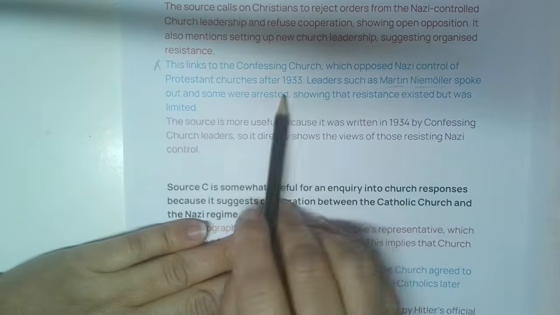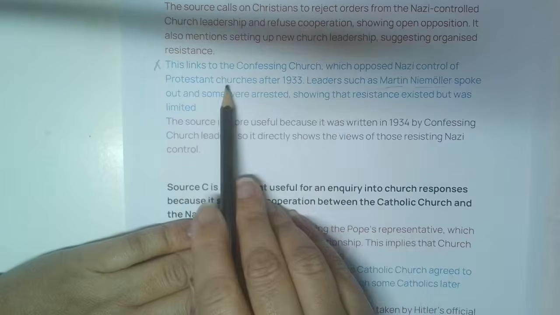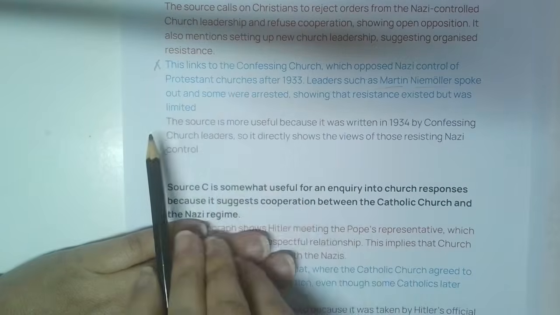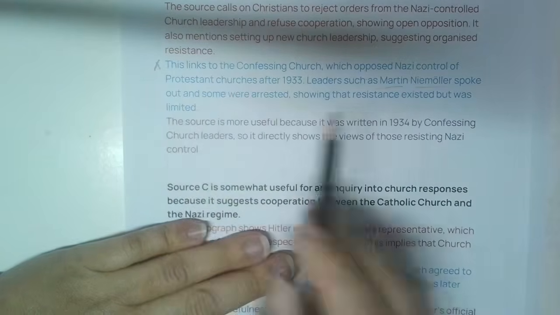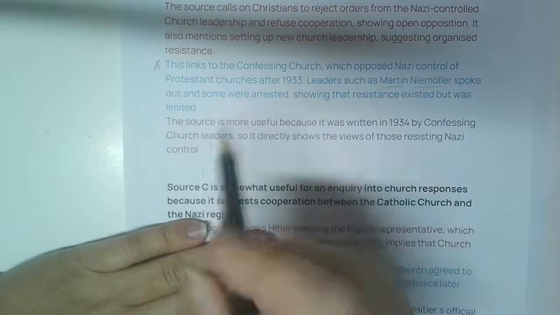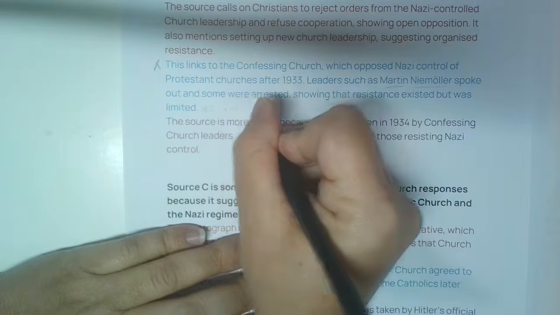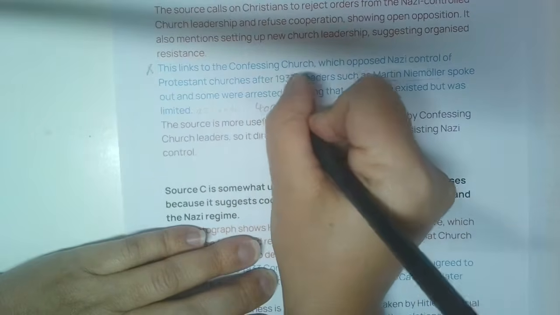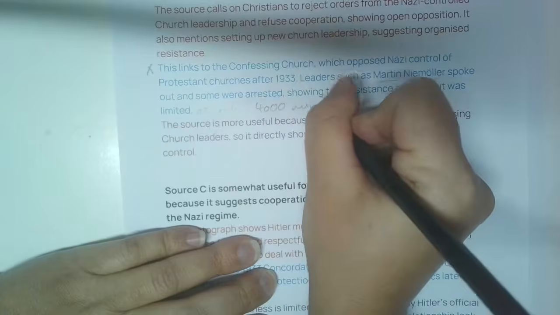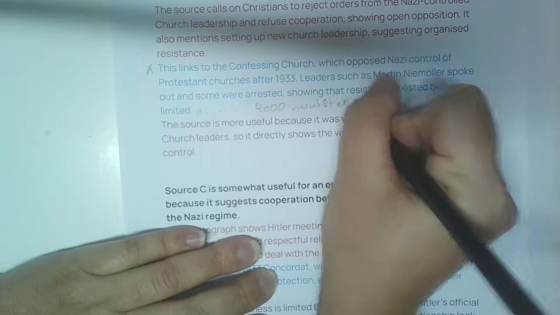Okay, so we're showing that there is some resistance. The Protestant church has got the confessing church within it. Remember, a little fact that you might want to add is that resistance existed but it was limited, as only 4,000 ministers joined. You could add that if you wanted to add a little bit of extra knowledge.